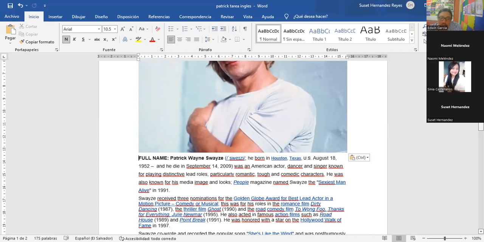He was an American actor, dancer, and singer known for playing distinctive lead roles, particularly romantic and comedic characters. He was also known for his media image and looks.